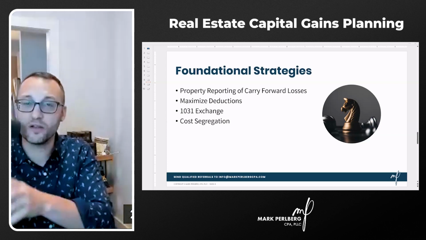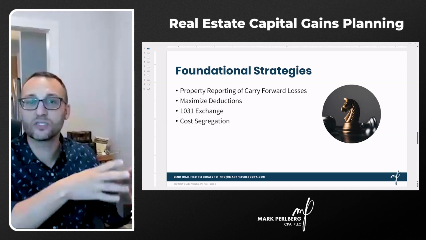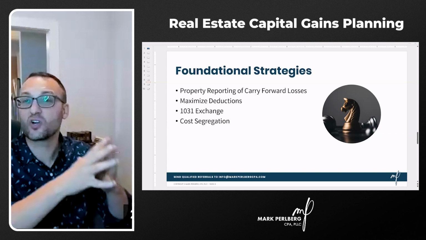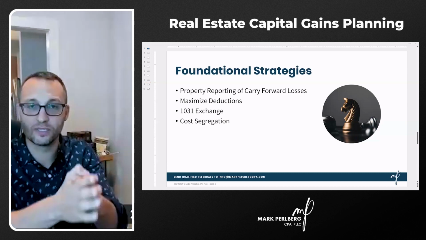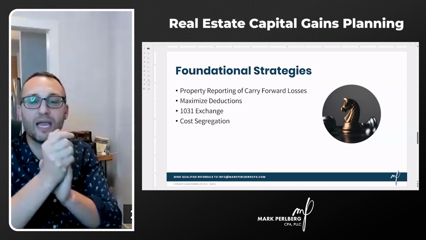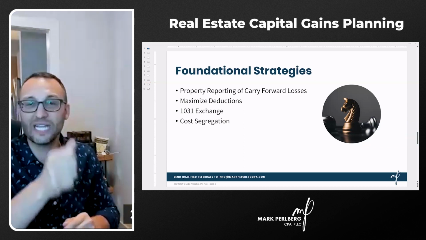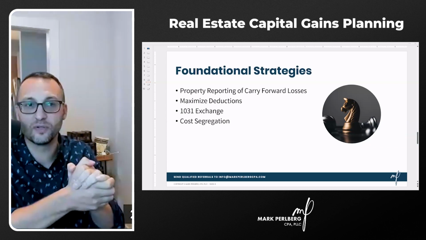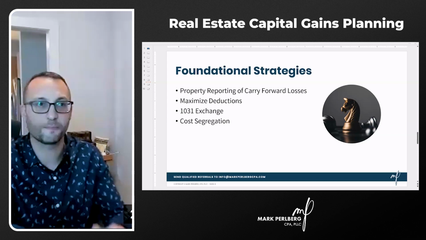We'll do a cost seg on another property to create some passive losses that will also offset your capital gains from the real estate. Very common, and a lot of times a lot easier than a 1031 to pull off for some capital gains planning.